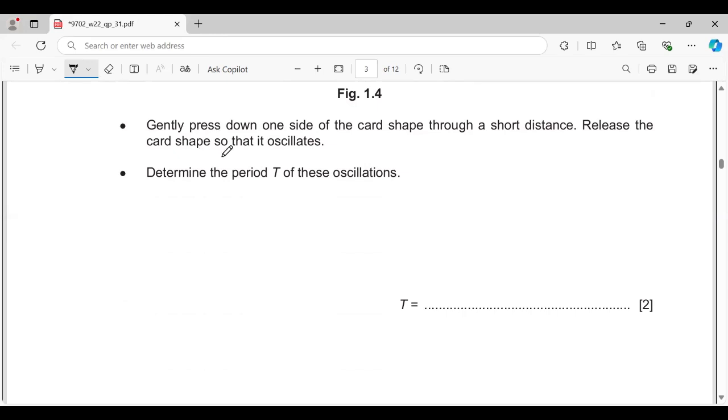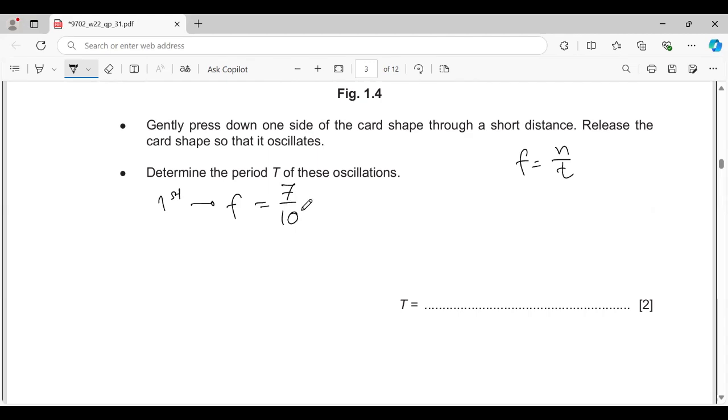In the first experiment I got a frequency of 7 over 10. Because the frequency formula is n over t, where t is time and n is how many oscillations happen.